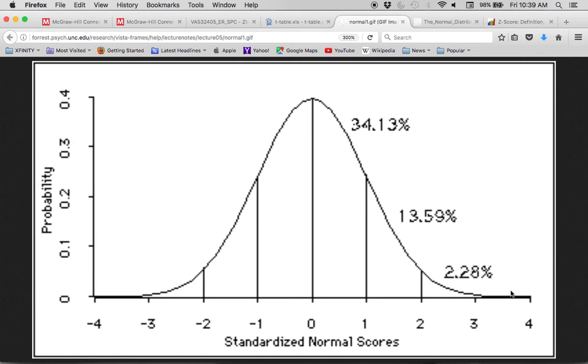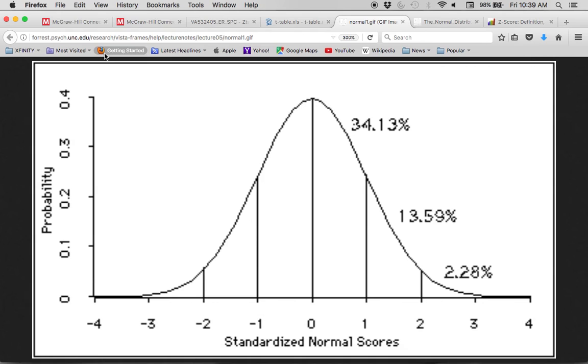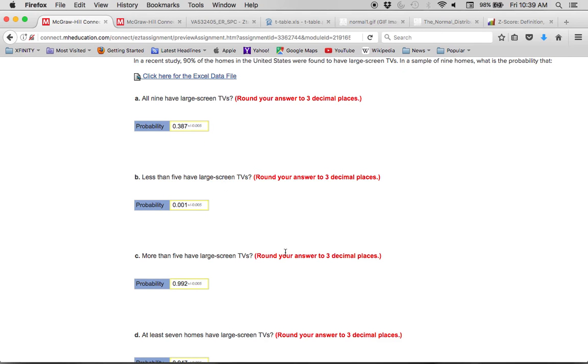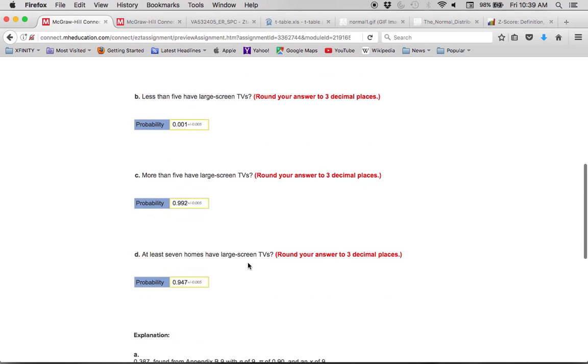What we want to do is take 1 and subtract that to find the area greater than a certain point. And we'll get back to that later on. Okay, so more than 5, we take 1 minus the cumulative of 5.